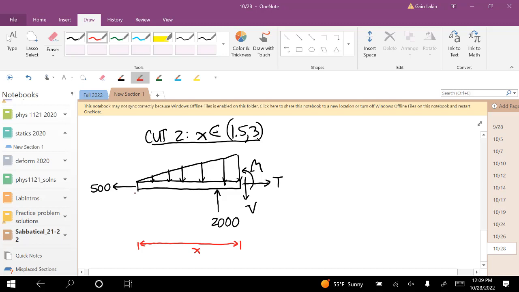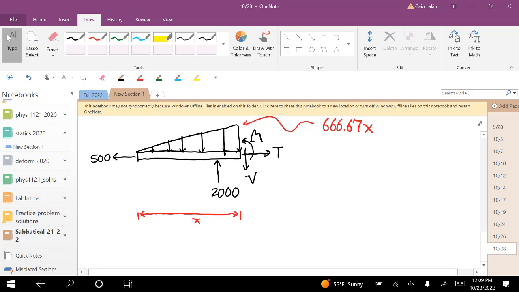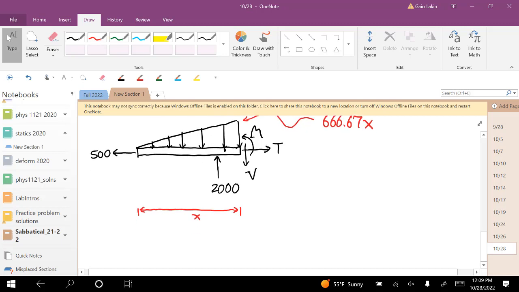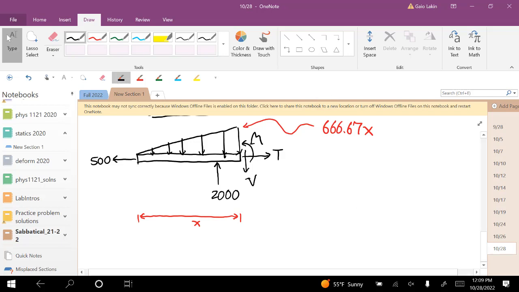The left end is x equals 0, the right end is x, and so we can use the Q function to tell us what the value is here. That's just 666.67x. But we can't do Newton's laws from this. Now that we've chosen the body to isolate, now we can finally represent that distributed load as a point force.